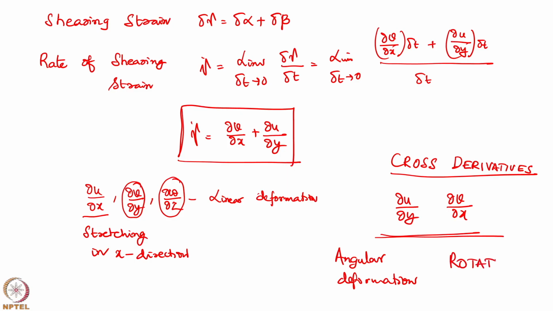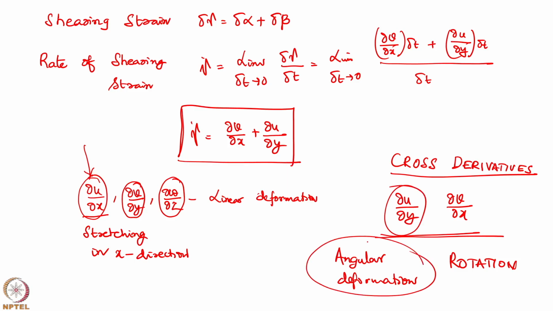So please remember afterwards, physically you should not say that u is varying in x when you say del u by del x. It means that it is stretching. When you say del u by del y, you should physically imagine that the fluid particle is undergoing either angular deformation or rotation, depending on how del u by del y compares with del v by del x. That's what we need to imagine.